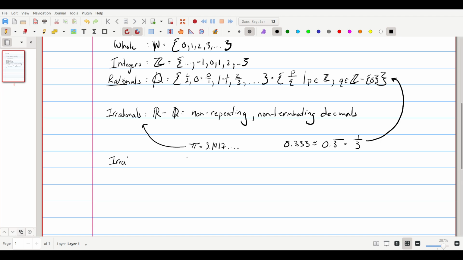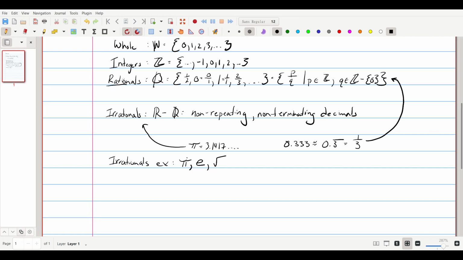So irrationals, examples. Well, we know we have pi in there, so that's cool. So what other kind of numbers are non-repeating, non-terminating? Well, one that you should also recognize is e. It's like 2.7 something something something. This one also never repeats.